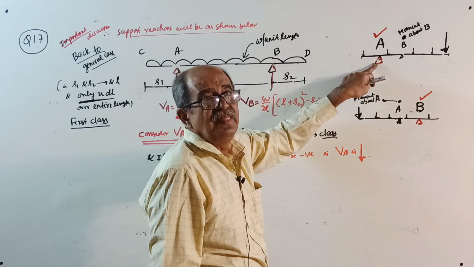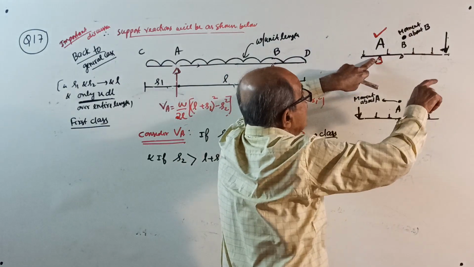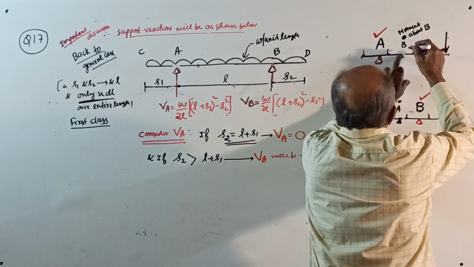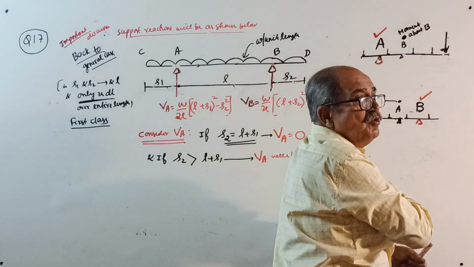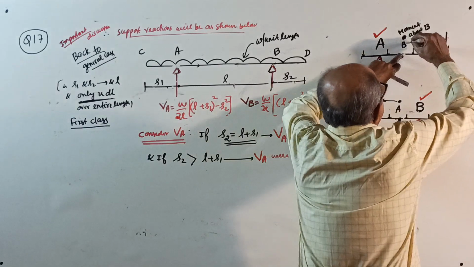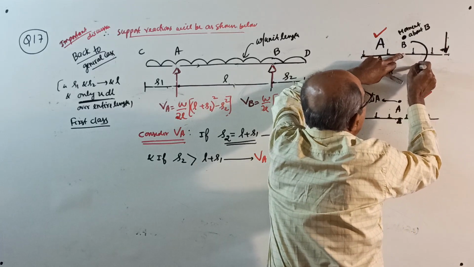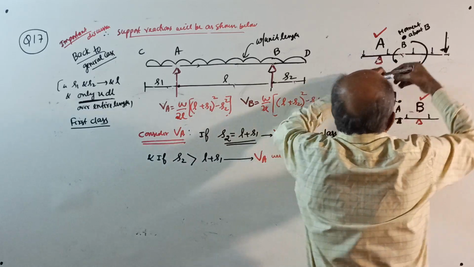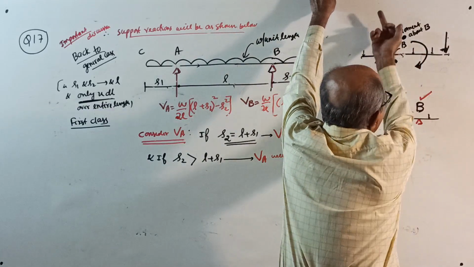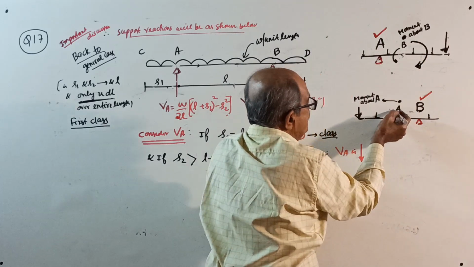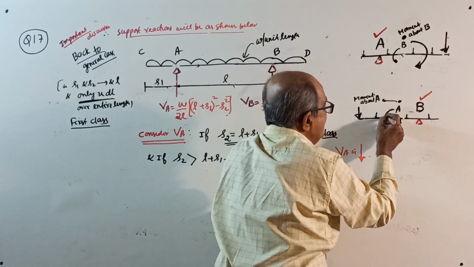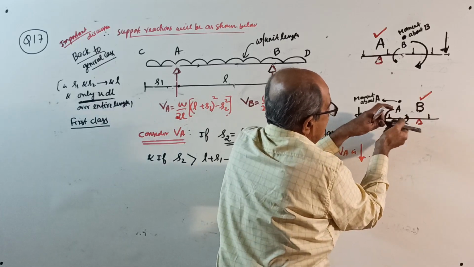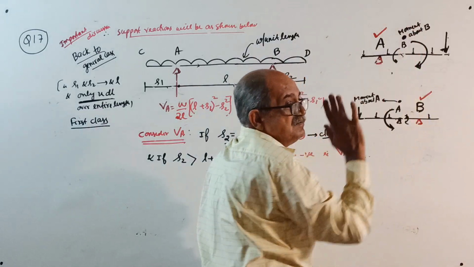If you want to discuss VA, take moment about B. If general loading is there, make a note: if this moment is very heavy and this moment is lesser, this will get lifted.